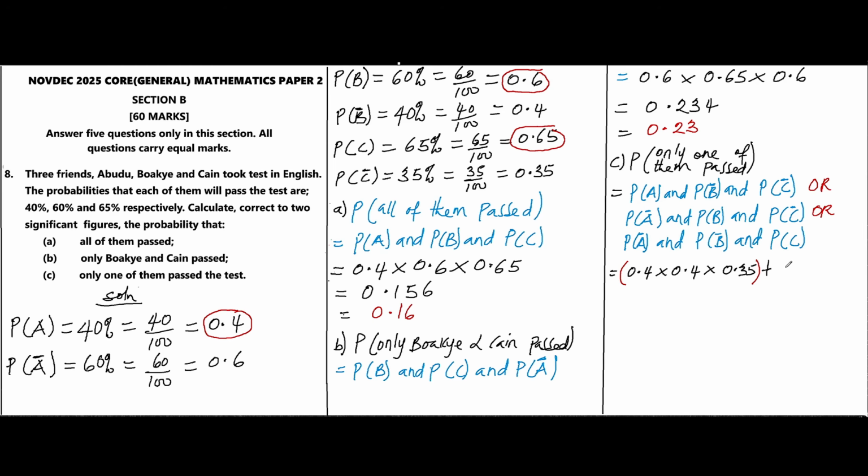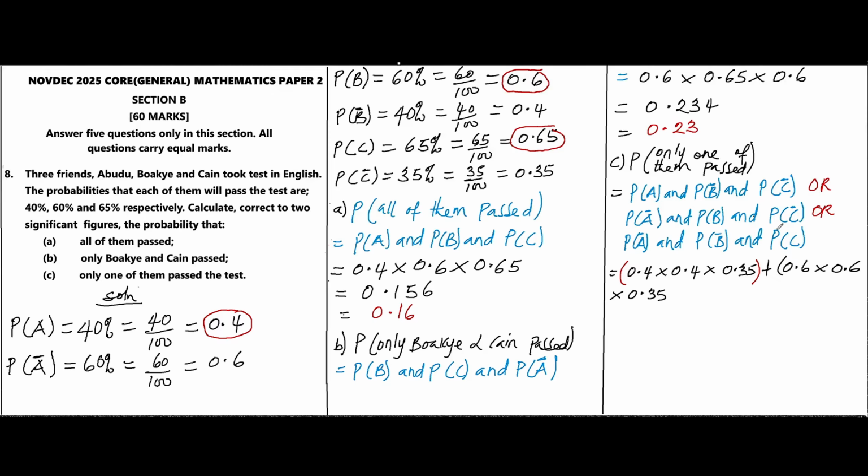Now, the second condition, we have Abudu failing 0.6, multiplying Boakye passing 0.6, multiplying Cain failing, we have 0.35.